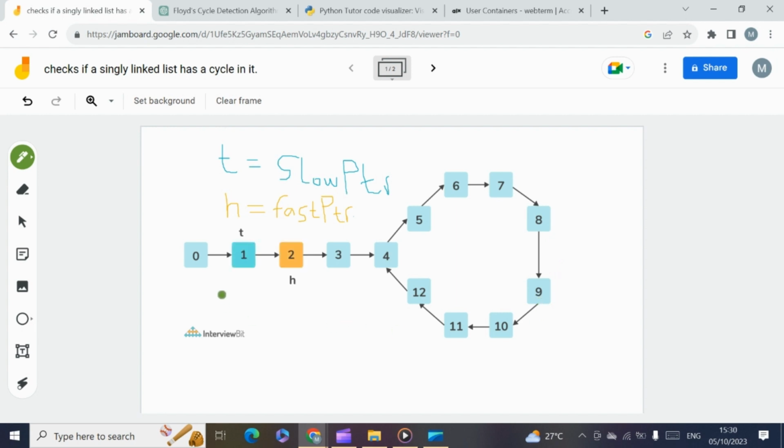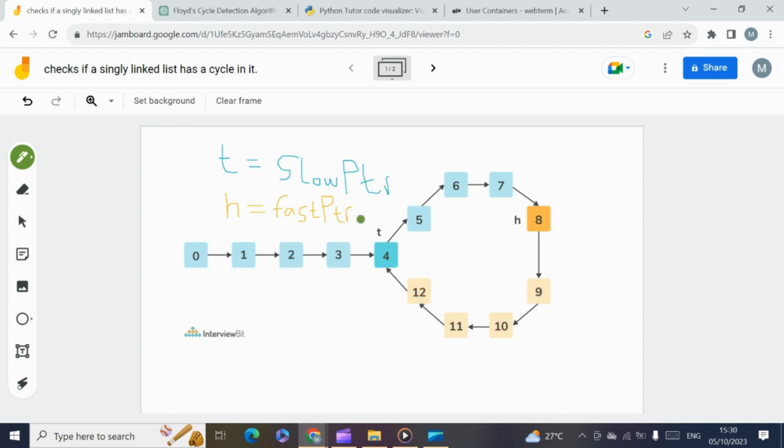So H is at 8, 10, 12, and then 5, 7, 9. It means that the H moves two nodes ahead of the T.